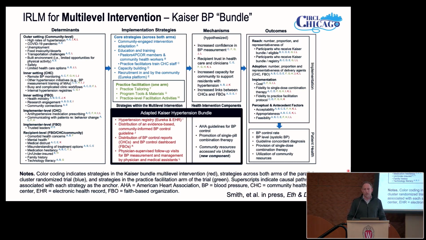RE-AIM talks about that as what they call representativeness. But from a health equity perspective, it's basically, who did we reach? Who actually got this and who didn't? Are we systematically leaving people out? And if you're leaving out the health disparity population that you're trying to address, you're probably perpetuating disparities. That's my very pessimistic thing, but I also wanted to freak people out.